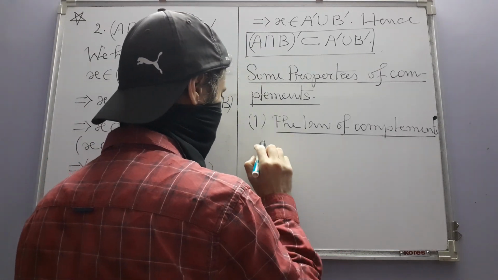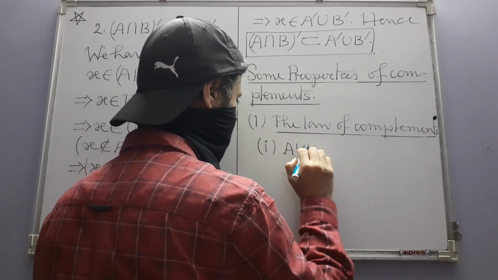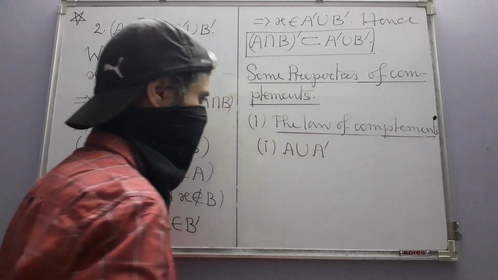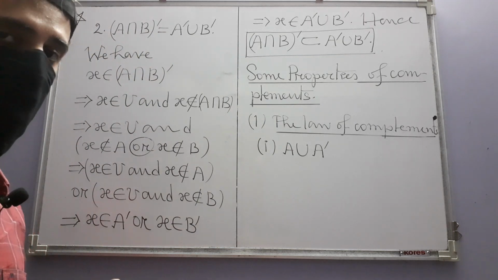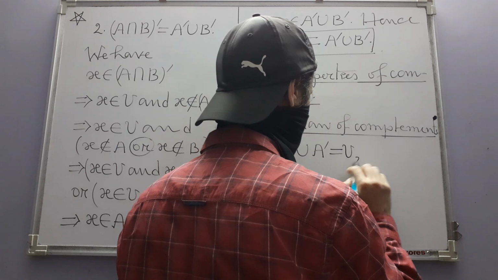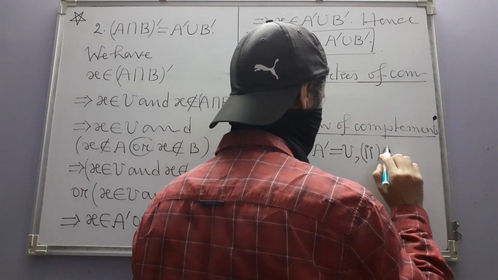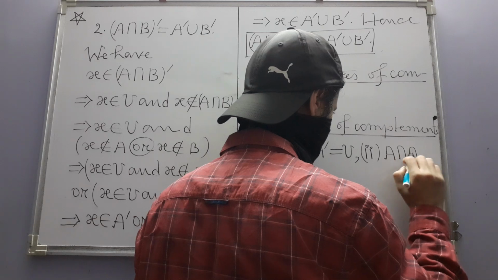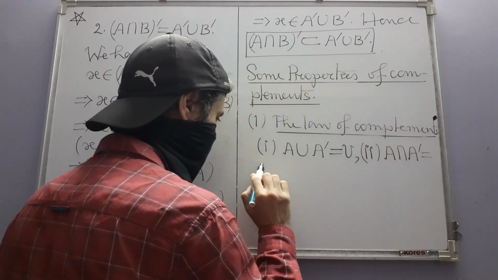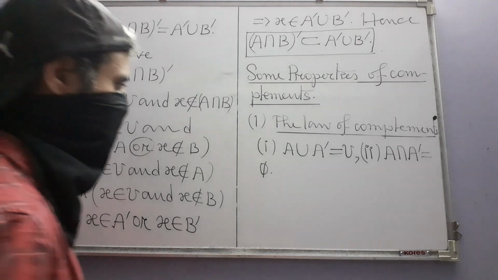So what this one says is that if you take the union of a set and its complement, then you get the entire universal set. And the second one says that a set and its complement are disjoint. Their intersection is empty.